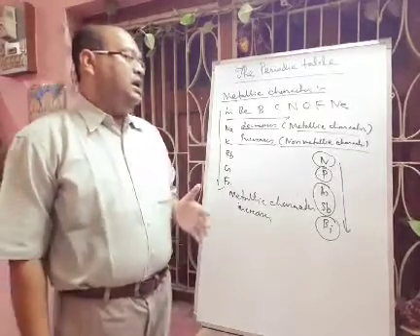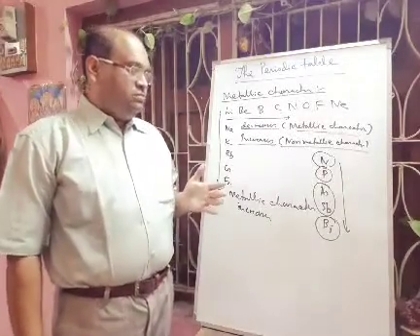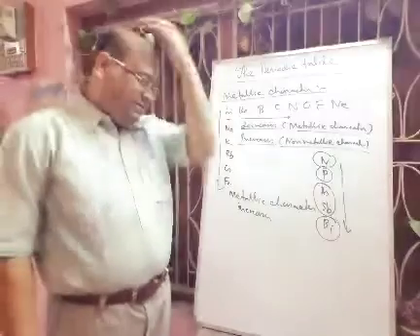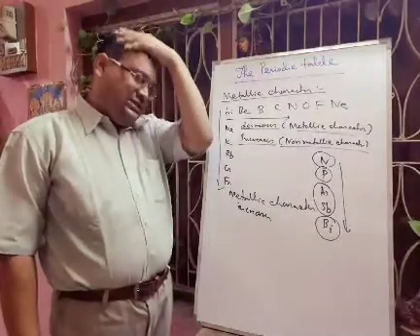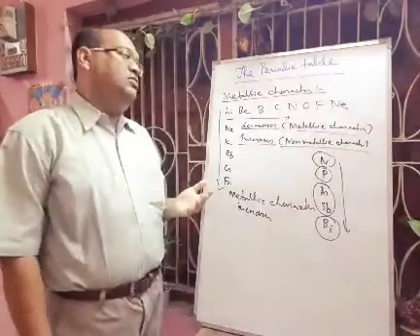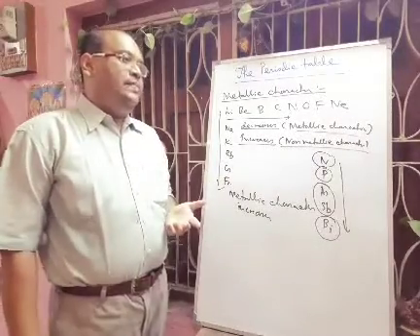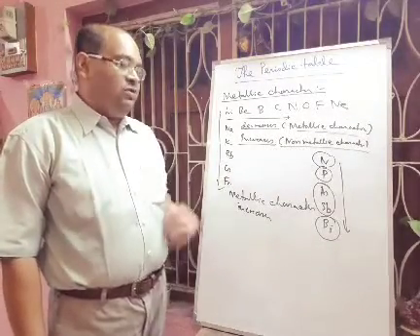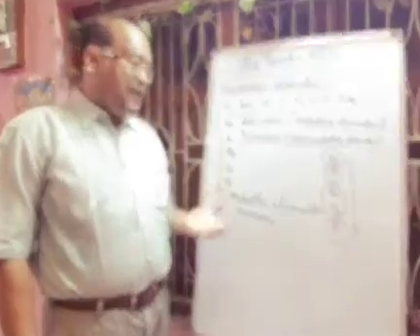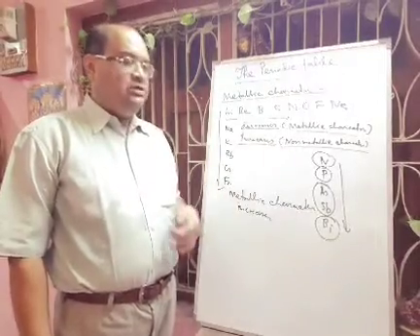And sometimes there are some oxides that are called amphoteric oxides, like those of aluminium and boron. They can react both with acid as well as base.